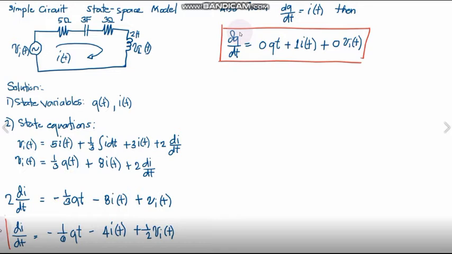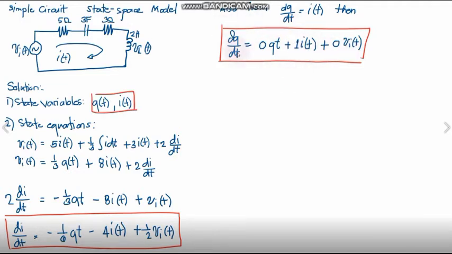And so dq/dt could also be written as 0 q(t) plus 1 i(t) plus 0 v(t). So these two, the equation of dq/dt and the equation of di/dt, are the state equations. And once more, the state variables are q(t) and i(t). Okay?